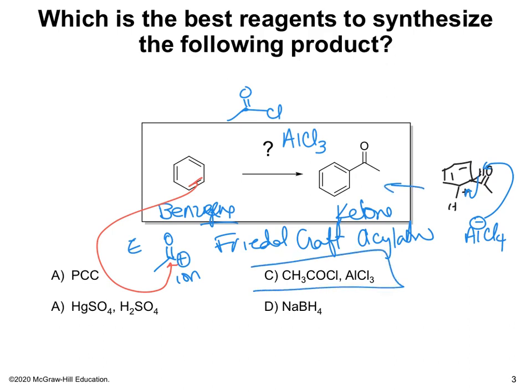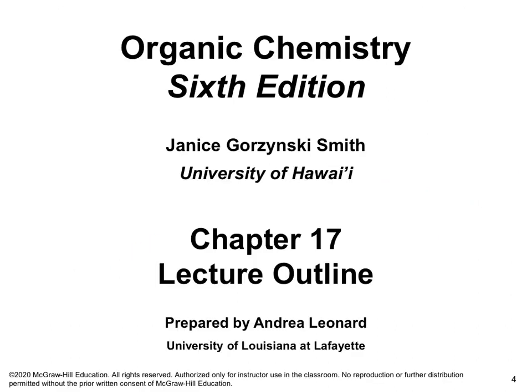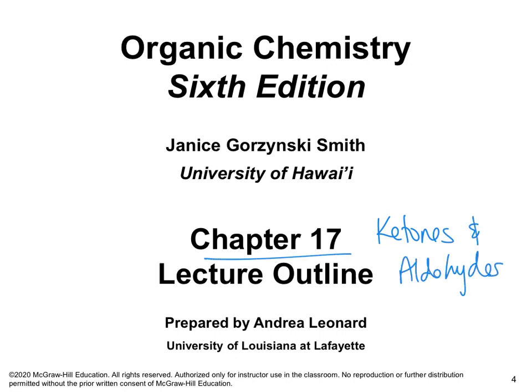And so this is your acid chloride and Lewis acid. All right, so that's just an example of functional group transformations from other functional groups to make ketones and aldehydes. And this is chapter 17.